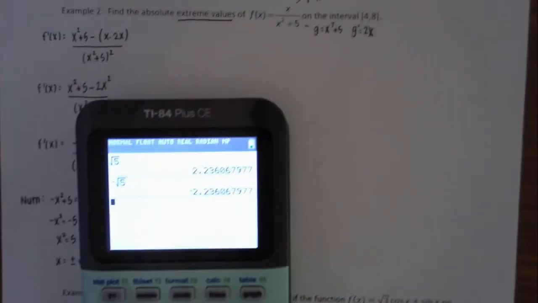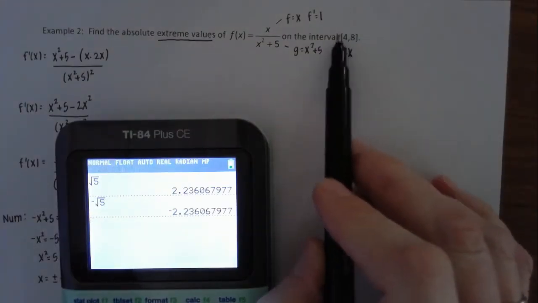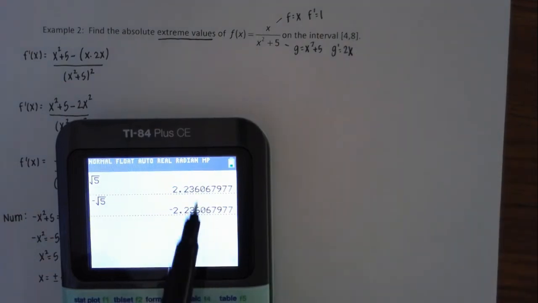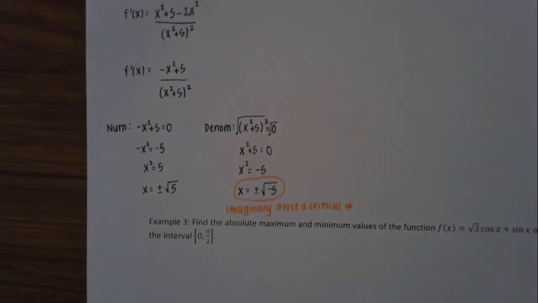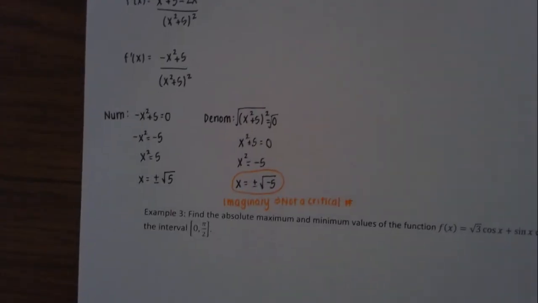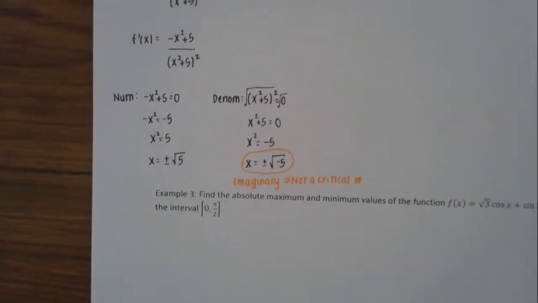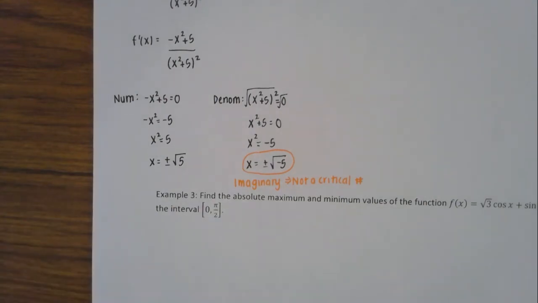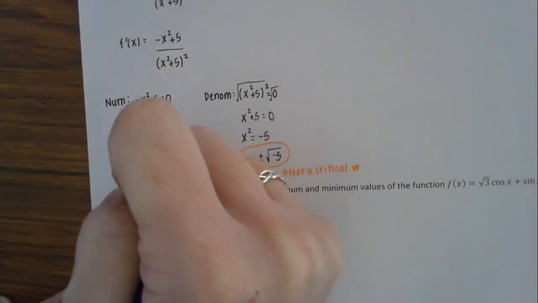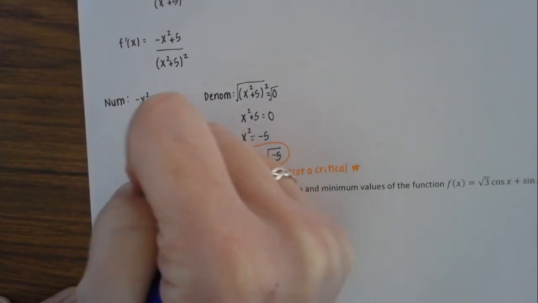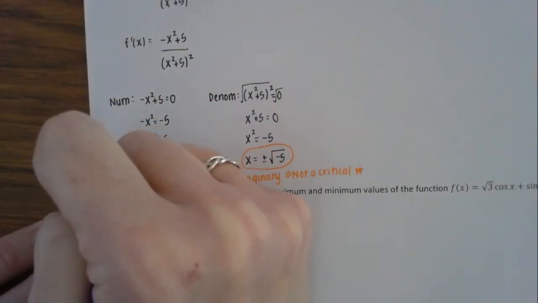If I look at the interval that I'm working on, the interval from 4 to 8, neither of these values are actually in that interval. So in this case, we actually don't end up getting any critical numbers from our derivative. Technically, yes, these are critical numbers, but they do not fit in the interval.